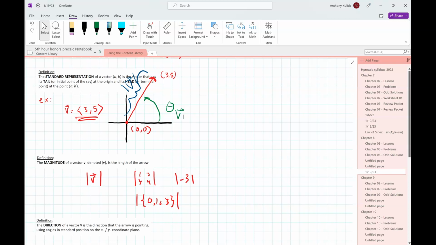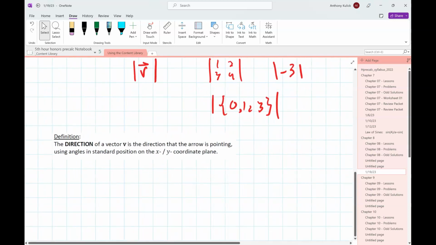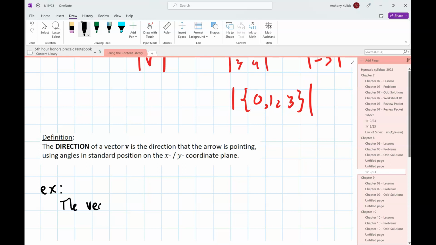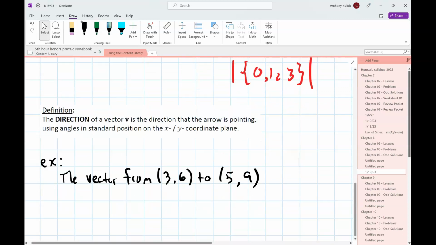So suppose that we have, we've talked about vectors can be represented in component form, but they don't necessarily have to. Suppose we have the vector that starts at the point (3, 6) and ends at the point (5, 9).